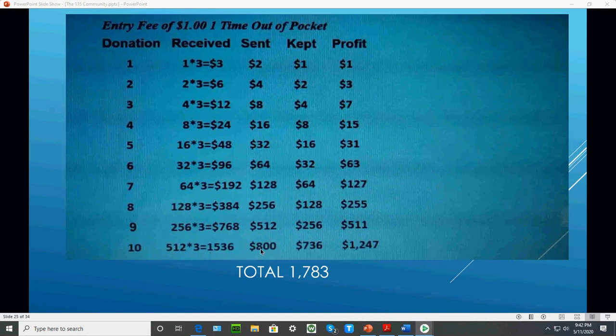You're going to take $800 and donate that to your inviter. You're going to keep $736 for yourself. That's $1,247 that you've accumulated in a $1 process. I hope y'all are recognizing this. This is what you call compounding. See the effects of compounding. That takes you over $1,783 to this point.